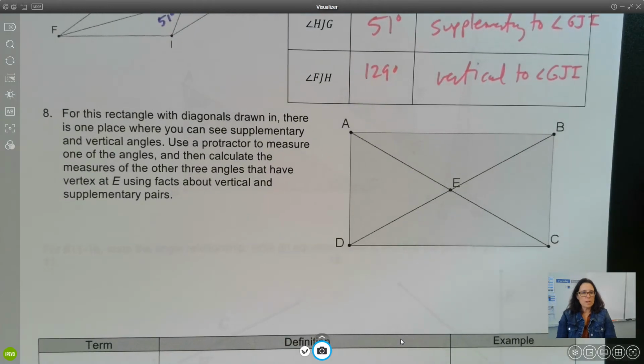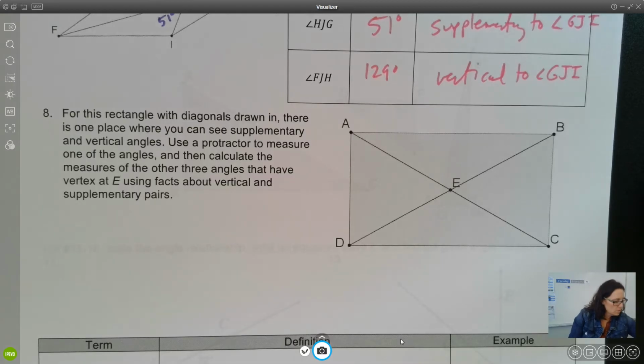All right, for this rectangle with diagonals drawn in, there is one place where you can see supplementary and vertical angles. Use a protractor to measure one of the angles and then calculate the measures of the other three angles that have a vertex at E, using facts about vertical and supplementary pairs.